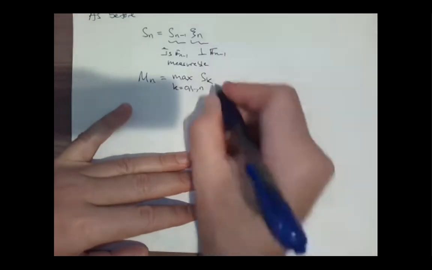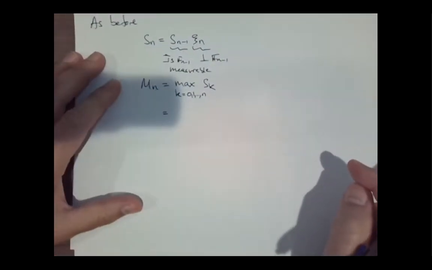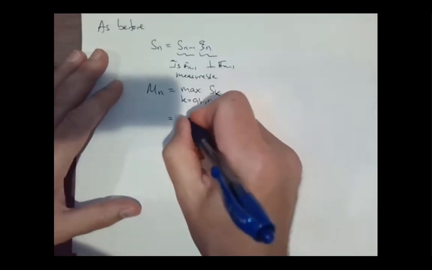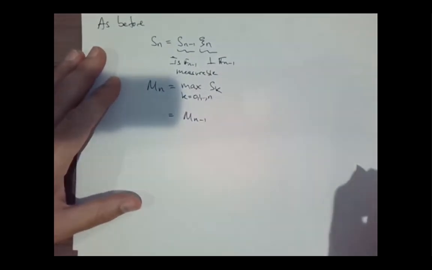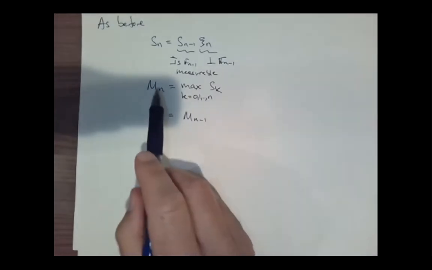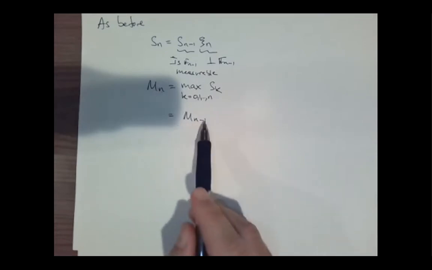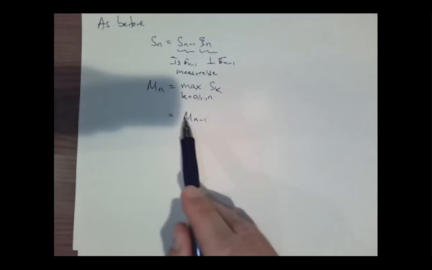And so what could we use? Well, it's always about going one step back. So I want to write this in terms of the previous one. So how do I express Mn in terms of the previous one? Well, I need to do something to it. These two are not the same. I need to correct this thing here somehow.